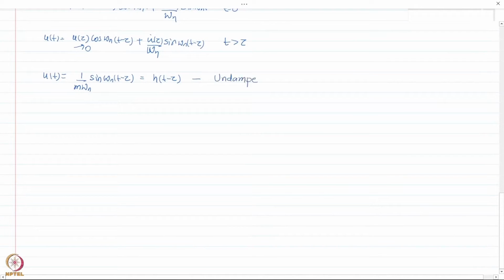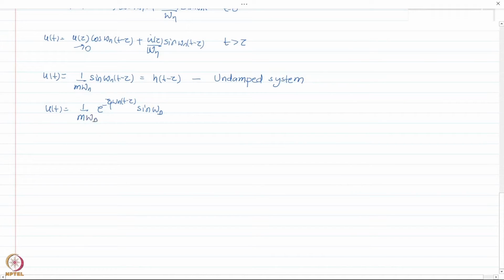Similarly, you can write the equation for free vibration of a damped system and get the expression h(t minus tau) equal to 1 over m omega d times e to the power minus zeta omega n (t minus tau) times sine omega d (t minus tau). Sorry, it should be omega d here.